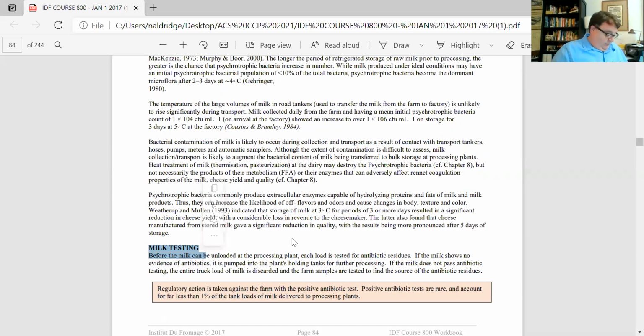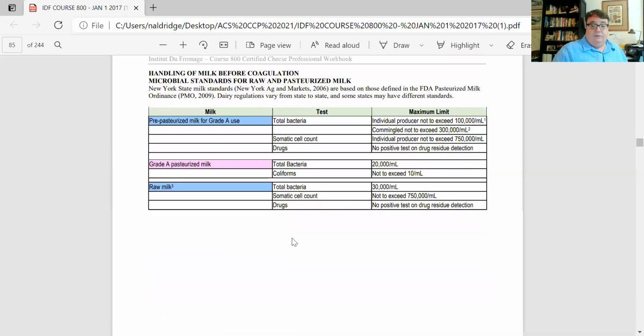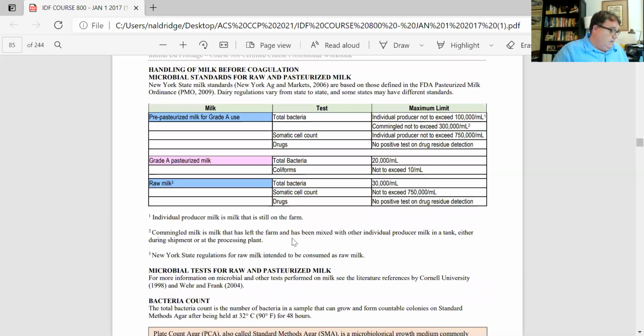Okay, now we're moving to page 85. Now we're talking about pasteurization. You got to know all these. This graph right here, as far as testing for bacteria, is also going to be a graph in your cheese making guide from the ACS website.